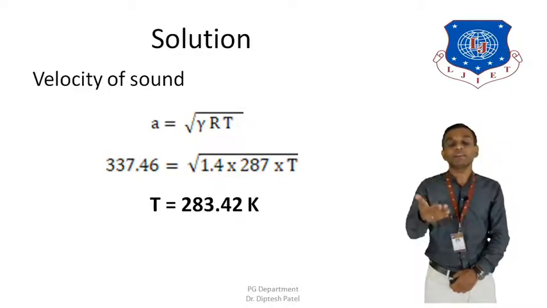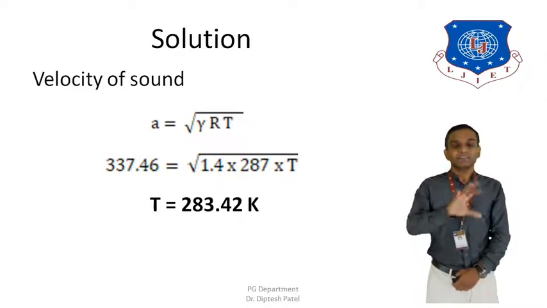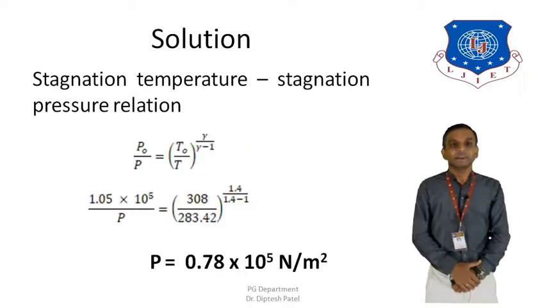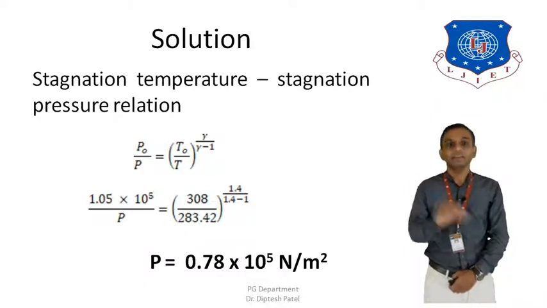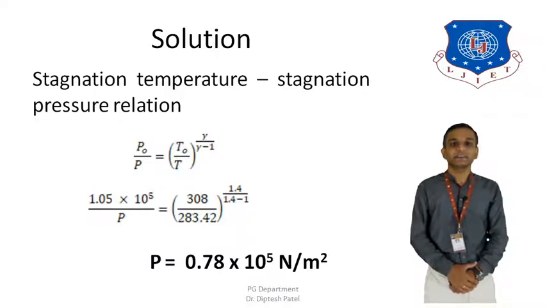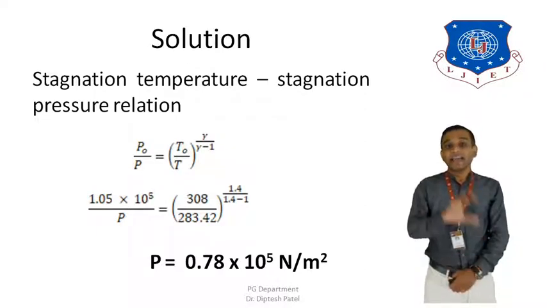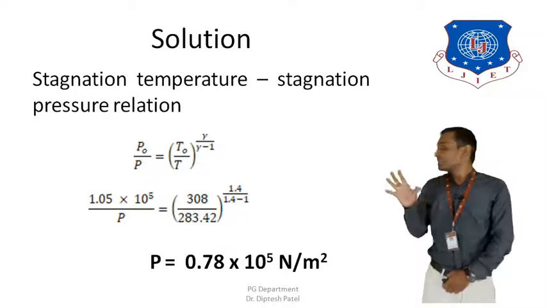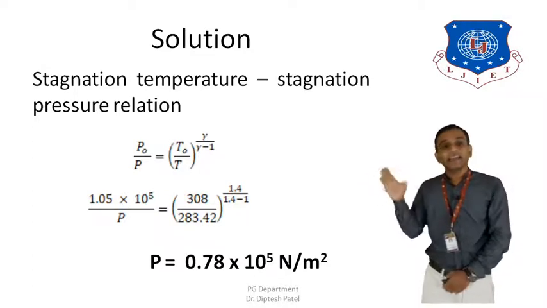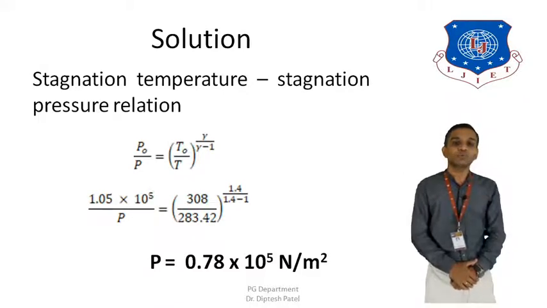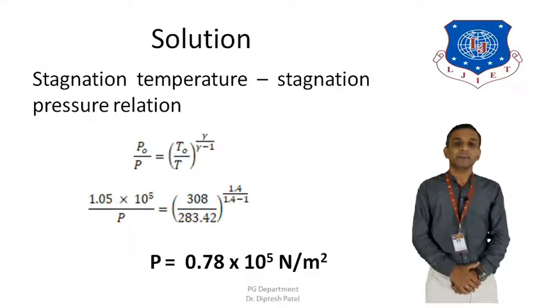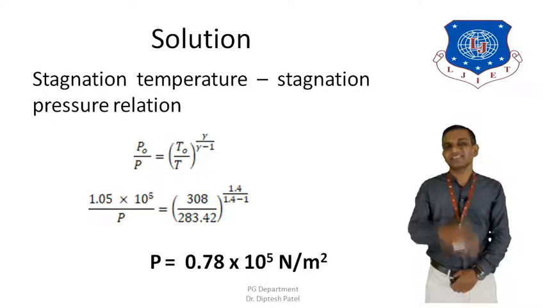Now let's move forward to calculate the pressure at static conditions. For that we are going to use the isentropic relations. The stagnation temperature and stagnation pressure relation says that P naught upon P is equal to T naught upon T raised to gamma upon gamma minus 1, which is the isentropic relation.